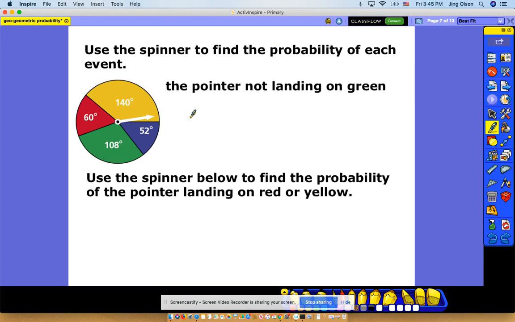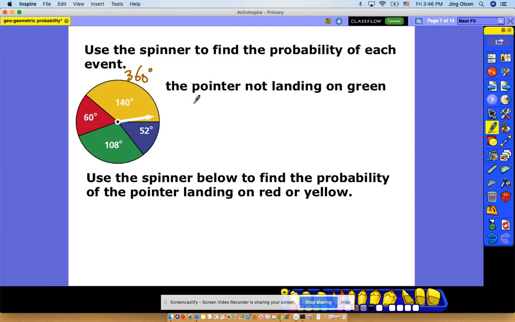Okay, use the spinner to find the probability of each event. The pointer is not landing on green. This one, you've got to use the degrees, to see how big each section is. That yellow section is 140 degrees, this blue one is 52, this is 108, this is 60. If you add these together, the full circle ends up being 360 degrees.